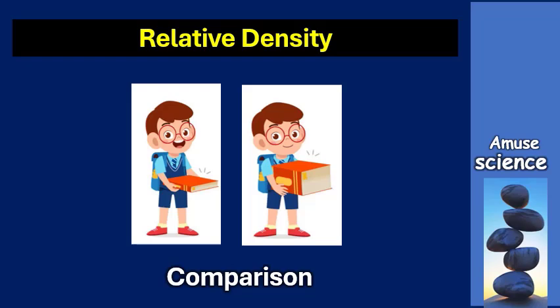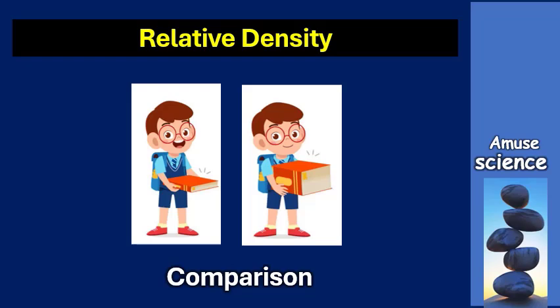Sometimes it becomes very necessary to compare the densities of two objects. The question is, why? Why do we have to relate the densities of two objects?